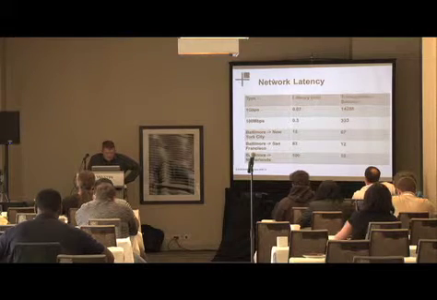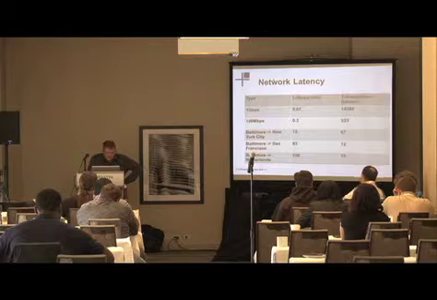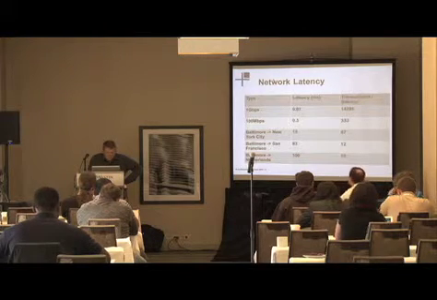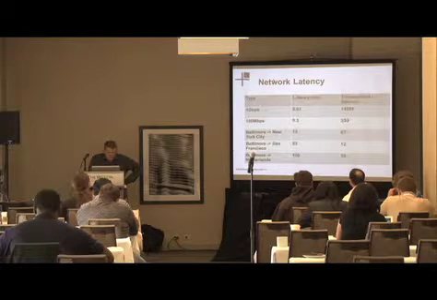Talk a bit about network latency. So here we're highlighting the latency between Baltimore, New York City, San Francisco, and the Netherlands.